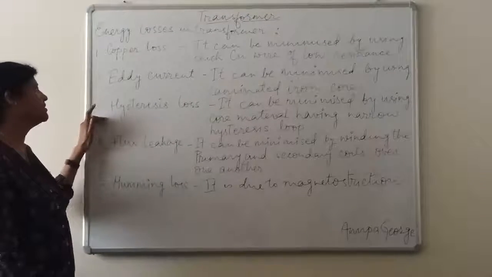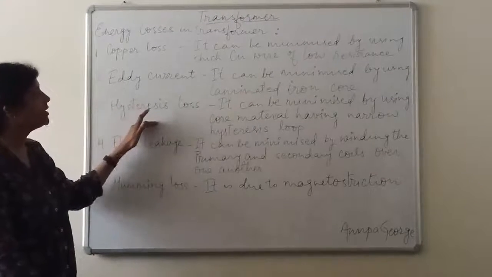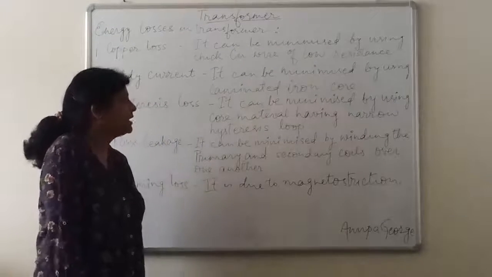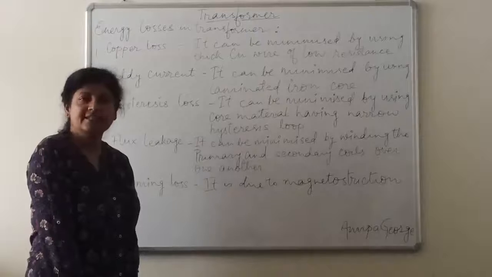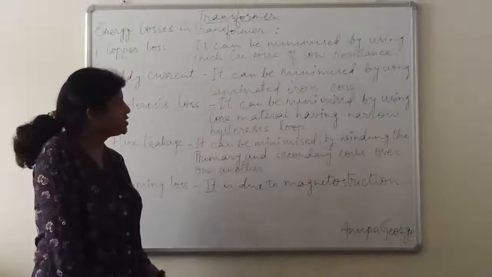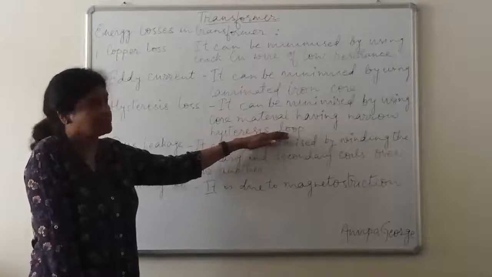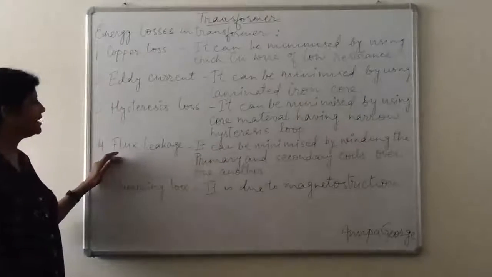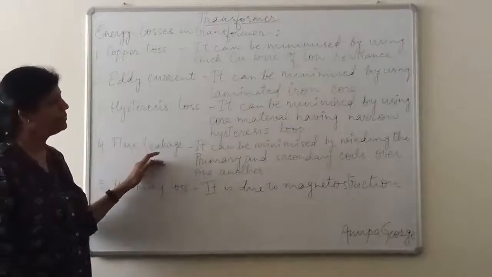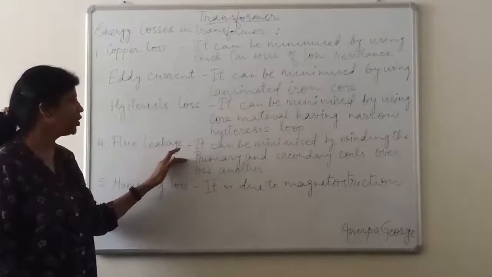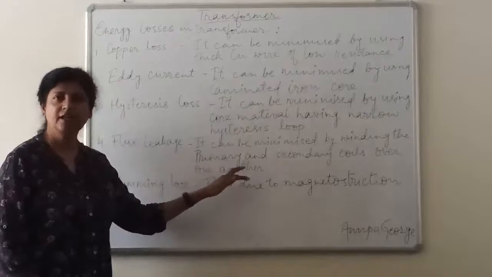Third cause is hysteresis loss. It can be minimized by using core material having narrow hysteresis loop. That's why we consider soft iron core. Now, flux leakage. It can be minimized by winding the primary and secondary coils over one another.